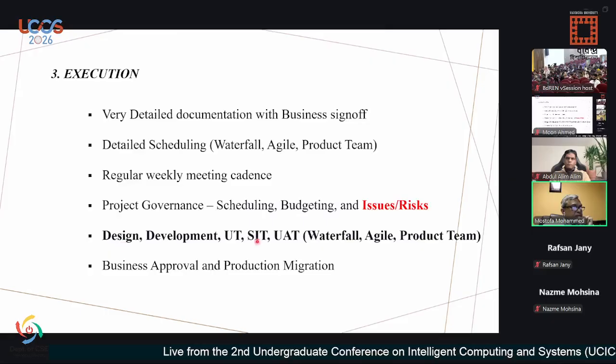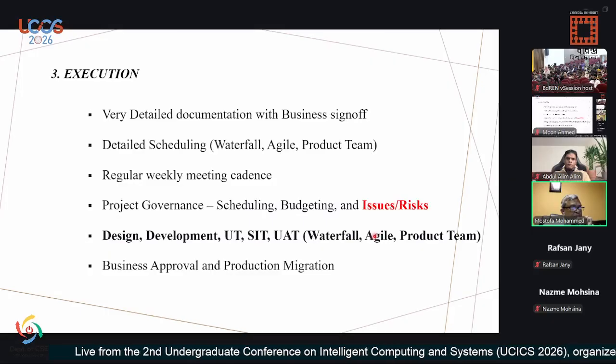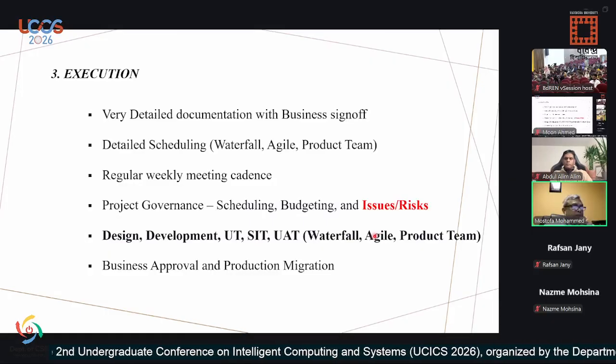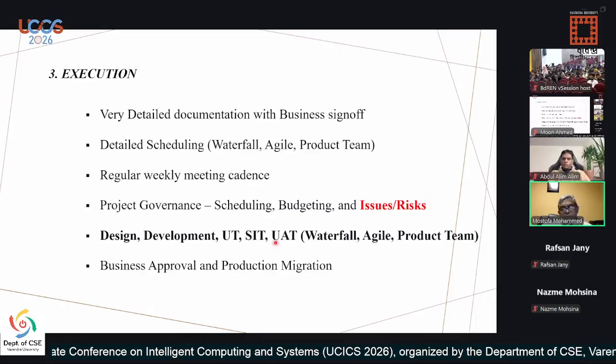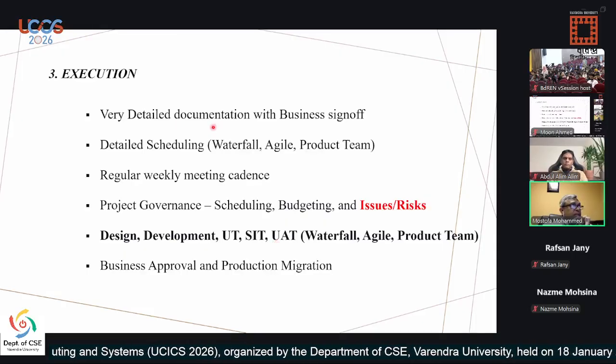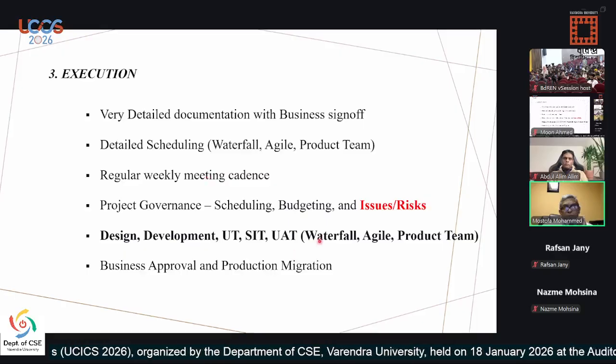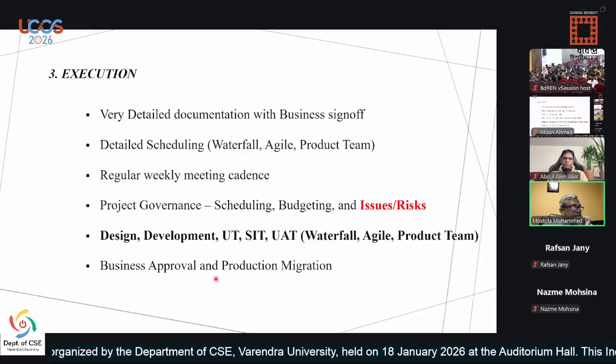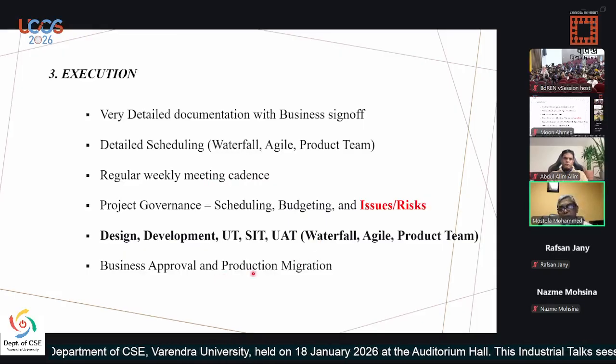Once the product is developed and tested, and users are happy, saying yes, this is exactly what we stated in the documentation and this is what it does, the business approves, and we migrate the code to production.